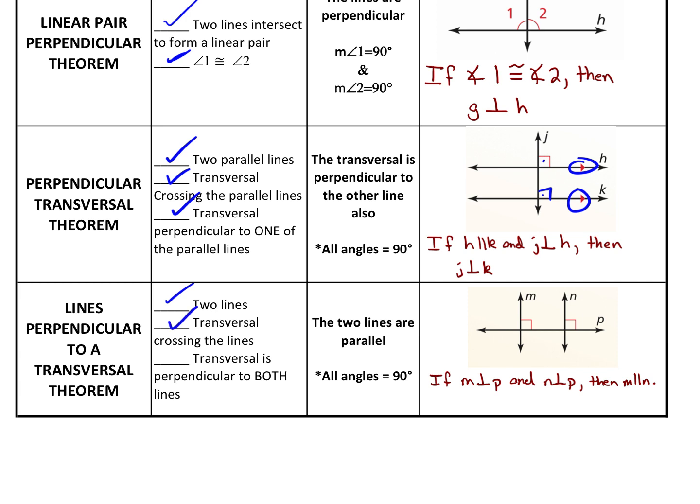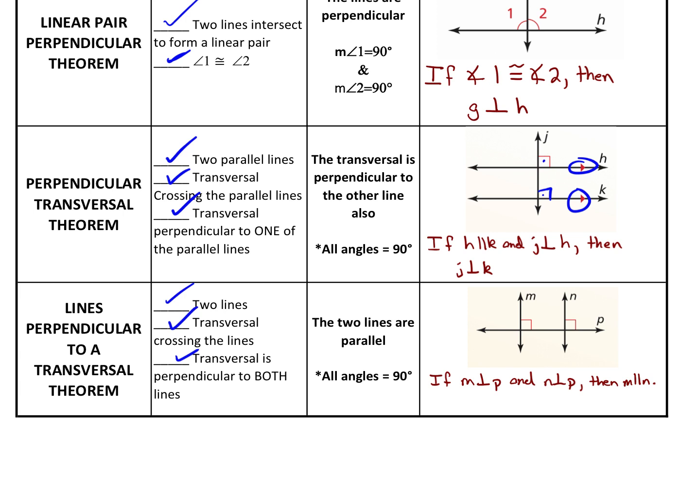And Mateo, is the transversal perpendicular to both lines it's crossing through? Yes. They both have a 90. So what that proves is that the two lines are actually parallel with each other. Okay, if it's got a 90 here and a 90 here from one line going through it, then M and N are parallel with each other.